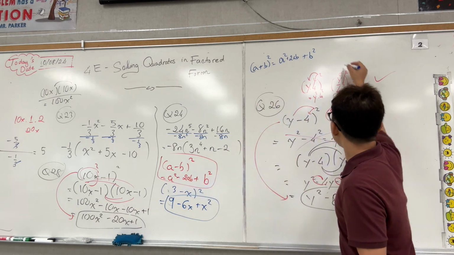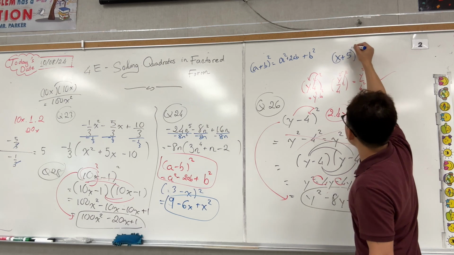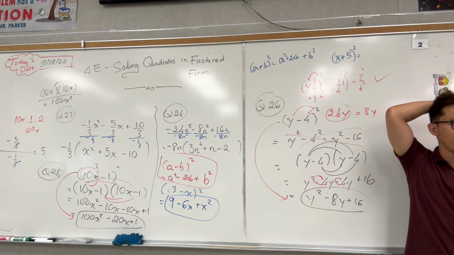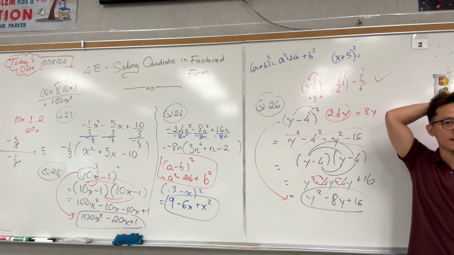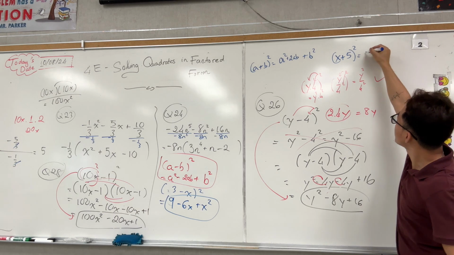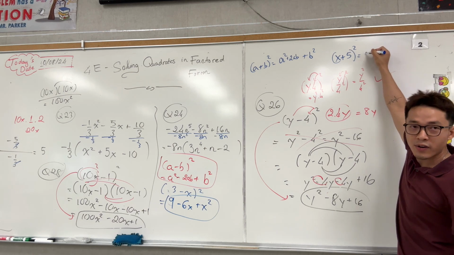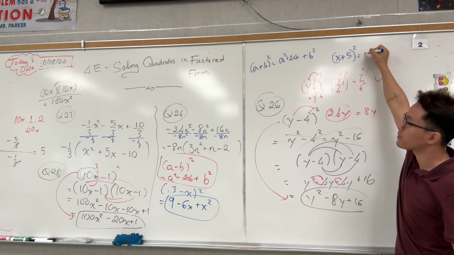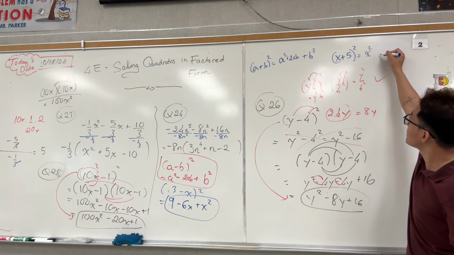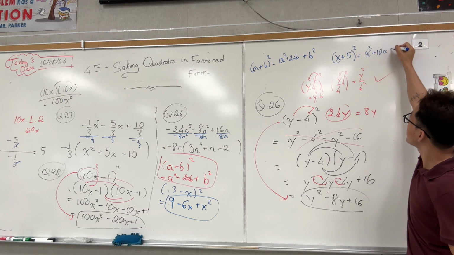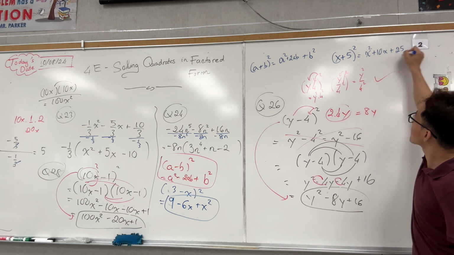X plus 5. Can someone help me write this? Raise your hand. Vincent, let's go. Just give me the final form in one shot. X squared plus 10x plus 25. That's it.